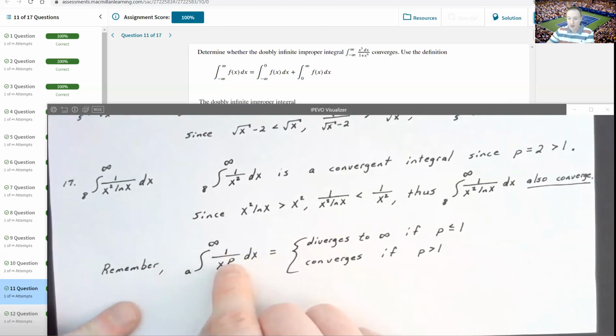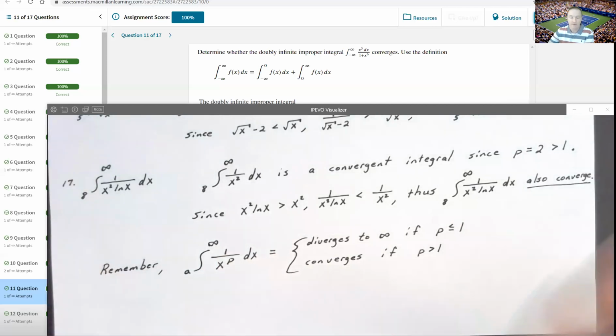If the degree of the denominator is not more than 1 greater than the numerator, it's not going to converge, and it's just going to diverge off to infinity. It's because the fraction doesn't get small enough quick enough to converge to some value.